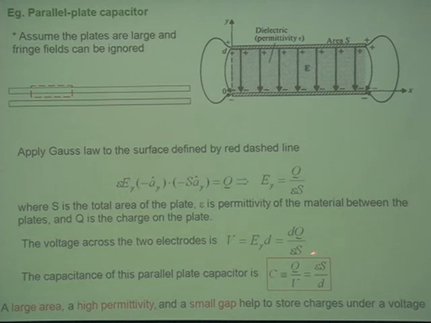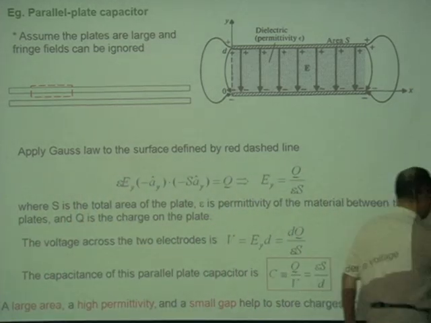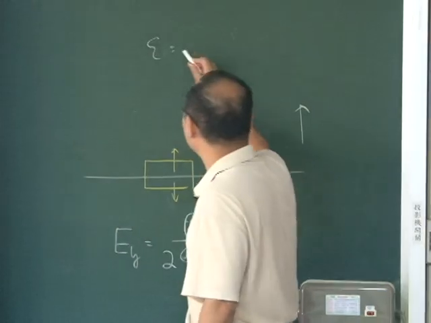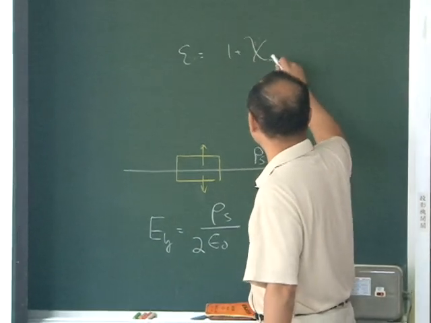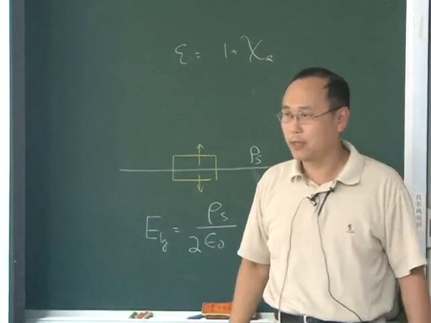Okay, now S over d is related to the geometry of the capacitor. And there's one parameter that is related to the material, which is epsilon. Epsilon, if you still remember, is equal to 1 plus chi e, the electric susceptibility.